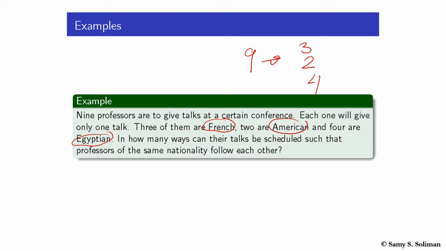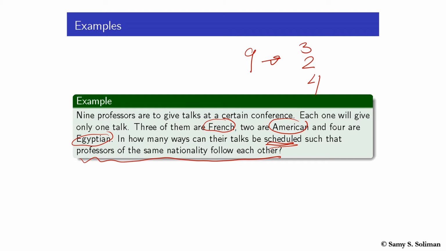And here he asks how many ways can their talks be scheduled such that professors of the same nationality follow each other. So now we want to arrange the 9 talks such that the French have successive talks, the Americans have successive talks, and the same for the 4 Egyptians.